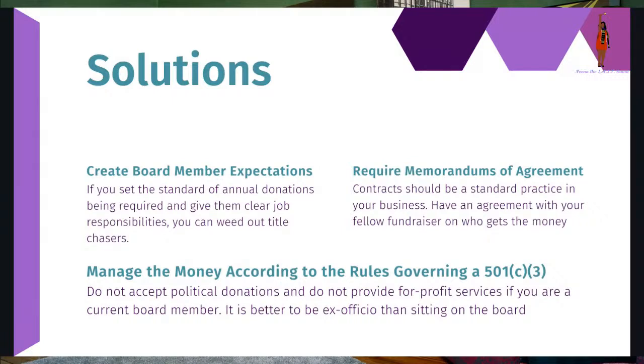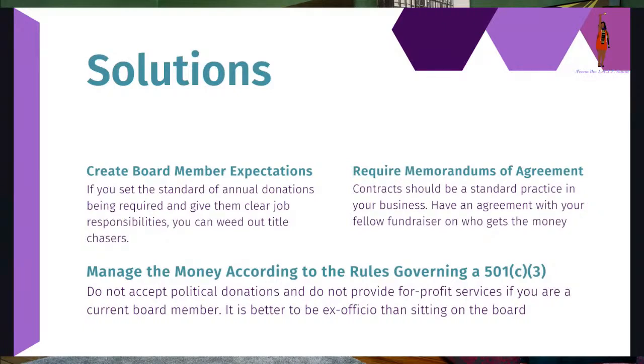A lot of people try it where this is their other source of income. They get paid because you have to pay me for the services I'm rendering. This isn't the same type of situation, and it gets very murky, and you're going to get audited if you are paying your board members at some point, and it's not going to work out as well as you think it is. You're not going to get away with it, okay? So make sure that you are very clear on governing your board according to the rules of 501c3s.